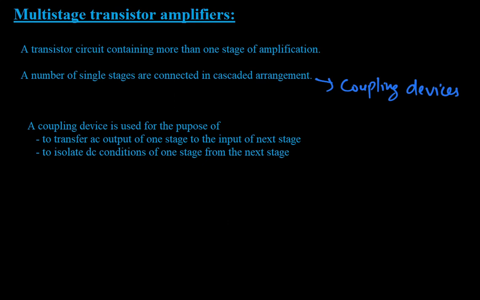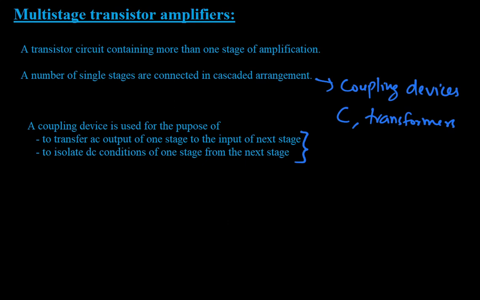So these two things should be ensured while using a coupling device. The usually used coupling devices, as I told you, are capacitors and transformers. Depending on the demand we will use different types of coupling.